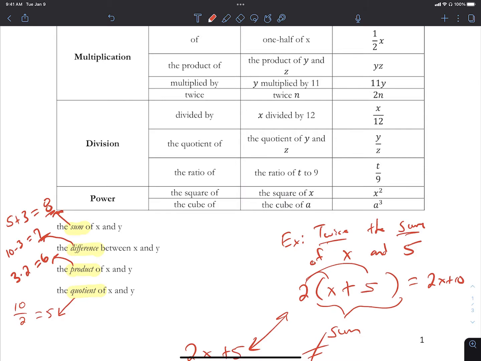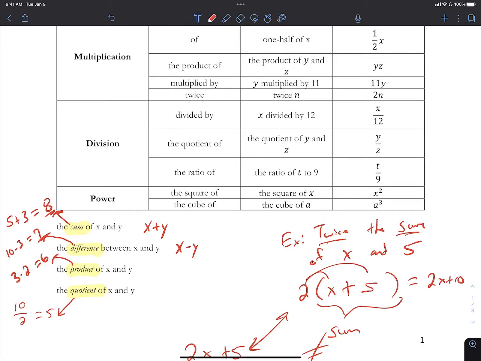And so with these phrases, if I wanted to write these verbal expressions into variable expressions: the sum of x and y is x plus y. The difference between x and y, the order stays the same, so you just write x minus y.